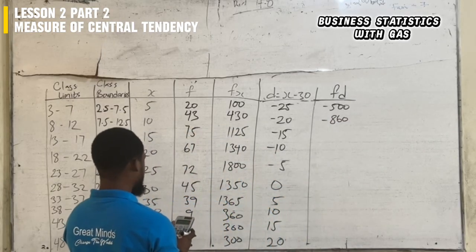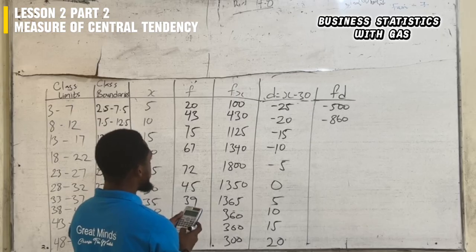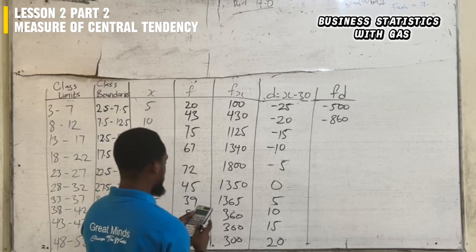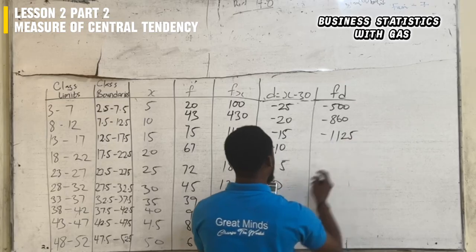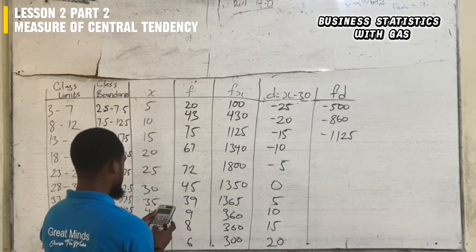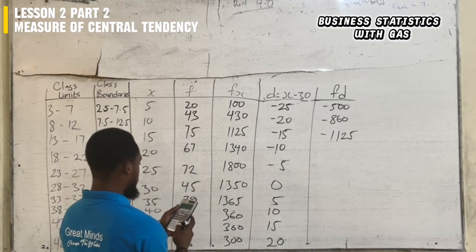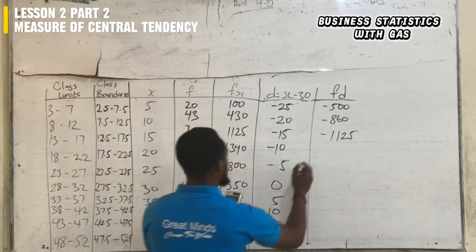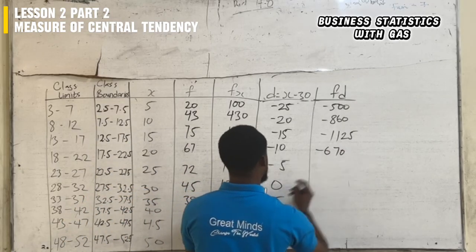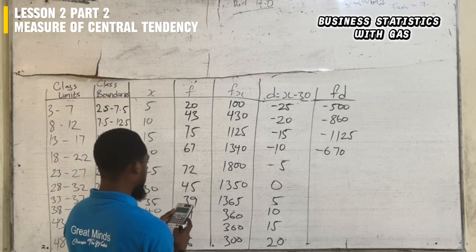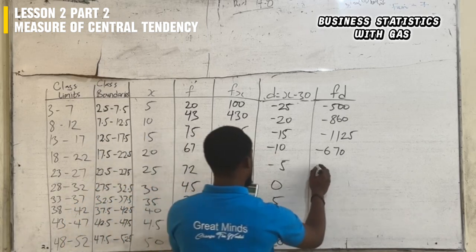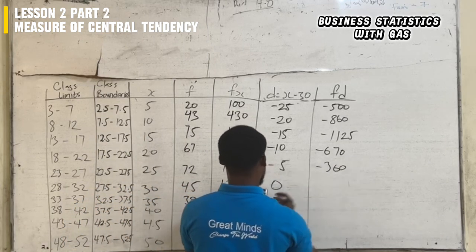Let's multiply 75 by negative 15. We are getting negative 1125. Let's multiply 67 by negative 10. You are getting negative 670. Let's multiply 72 by negative 5. You are getting negative 360.